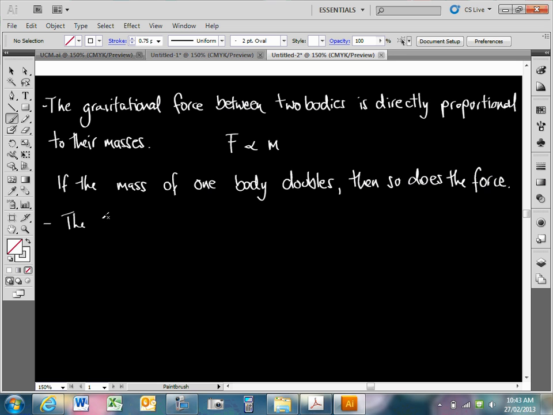The law of gravitation is an inverse square law.